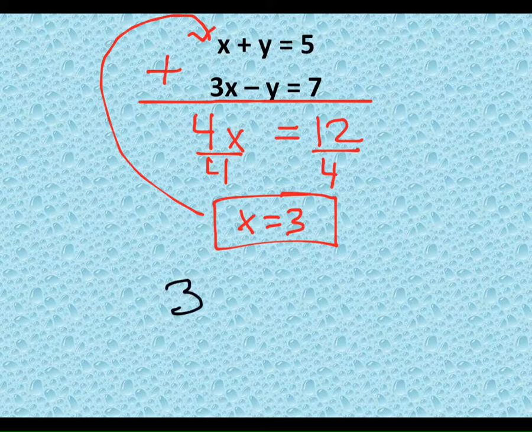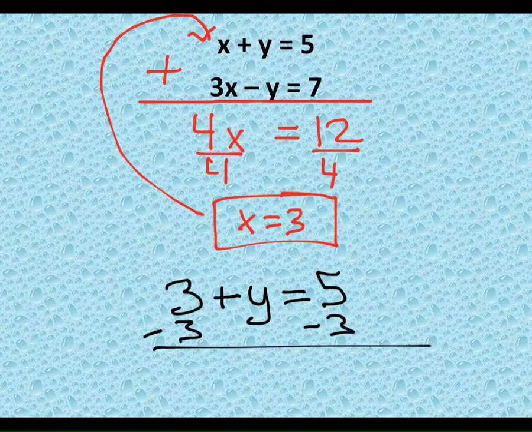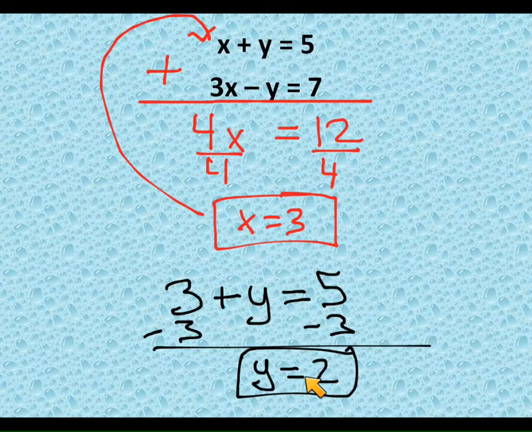So I have 3 plus y equals 5. Basically, I substituted, right? I substituted that 3 in for x. So now can you solve this equation for y? You can, right? Get y by itself, move that positive 3 to the other side, subtract both sides by 3, and y is 2. So the solution to this system is x is 3, y is 2.